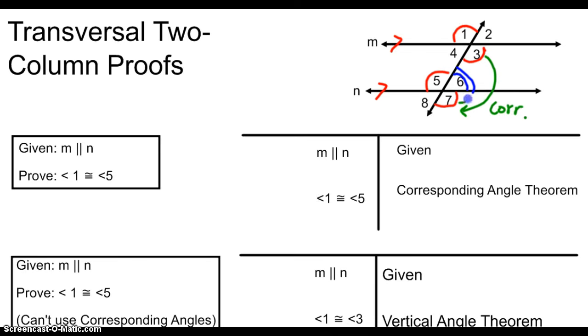And what if I said that 7 and 6 were supplementary because, well, that's a linear pair. Okay. And that would work. I'm not going straight from 3 to 6. I'm using 7 as kind of a bridge in between 3 and 6. I think we could do that. Let's go write the proof now.